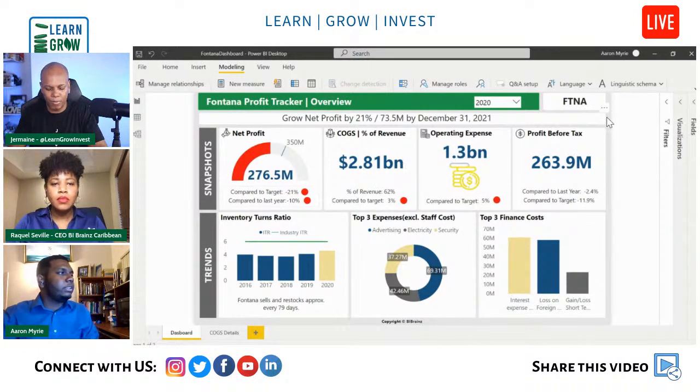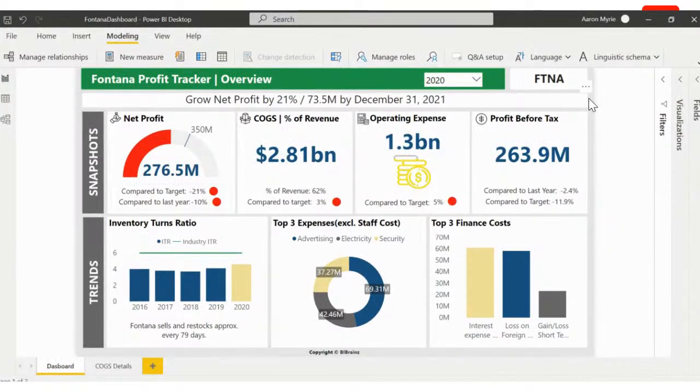In our snapshots, again, we look at where the company is at. In terms of profit, they gained a profit of 276.5 million, and comparing to the target of 350 million, they were below by 21%, and compared to last year, they were below by 10%.